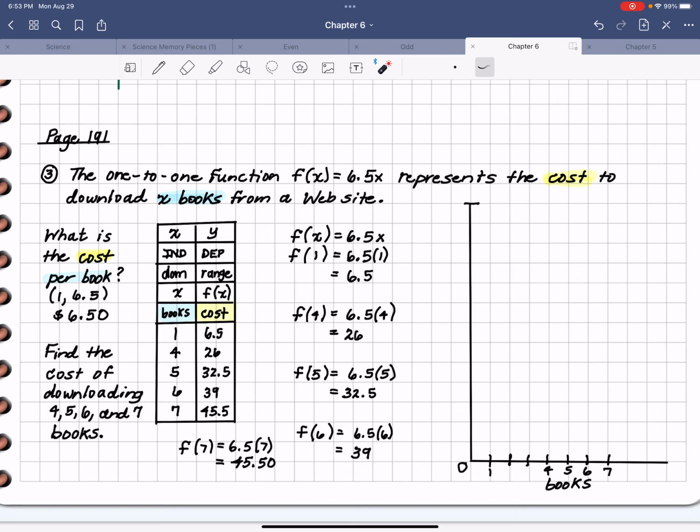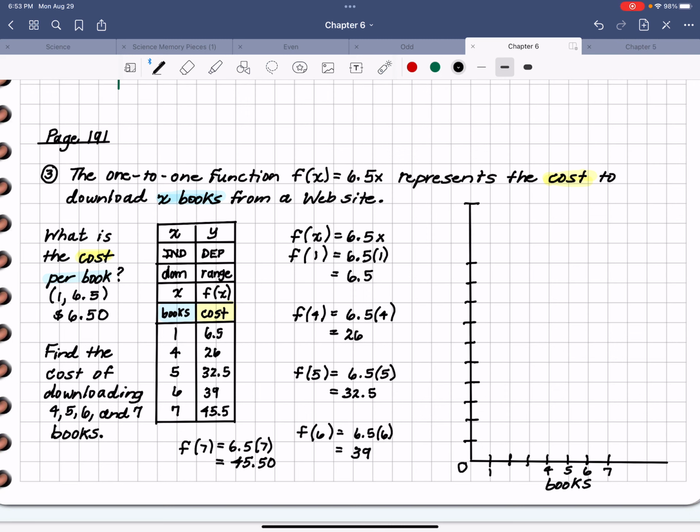So I'm going to calculate the range of my y's. That's 45.50 minus 6.50. Oh, we lucked up. The difference between the biggest and smallest is $39. So each of these lines will represent $3. 39 divided by that 13 is going to give us 3.